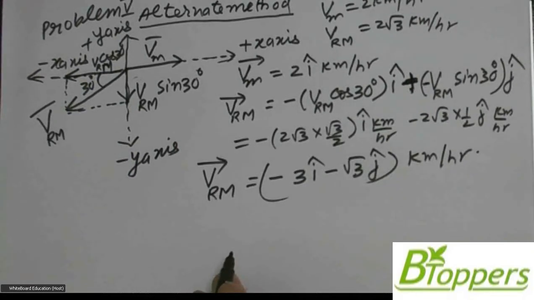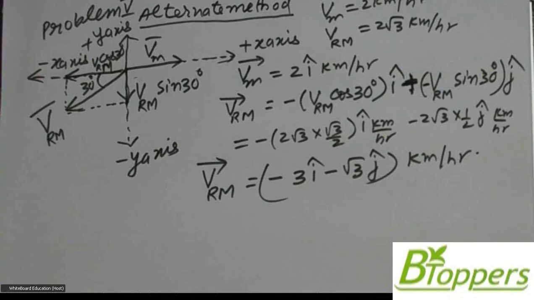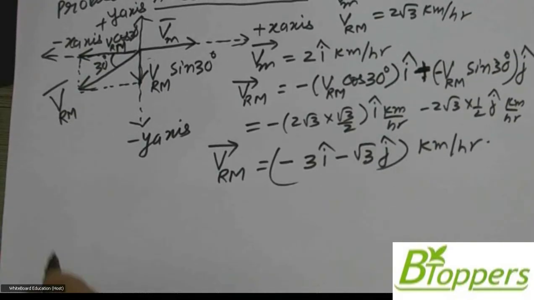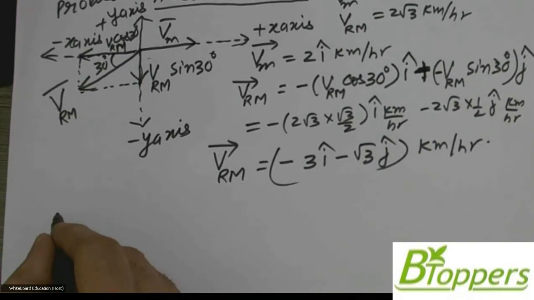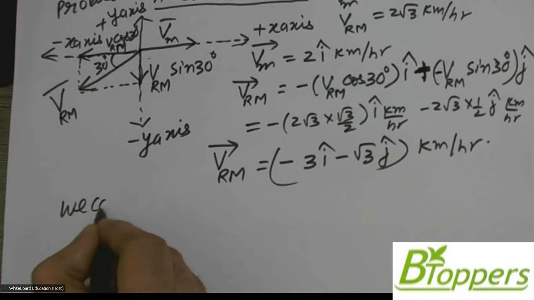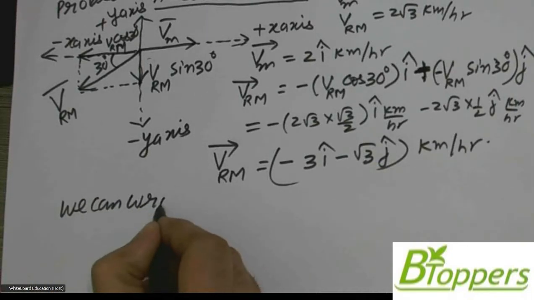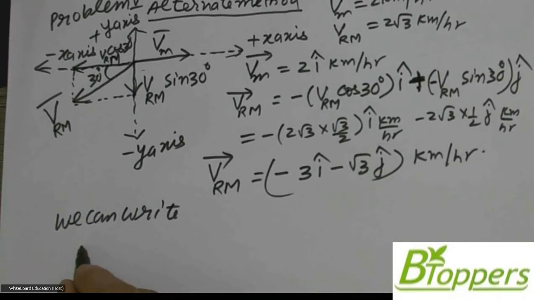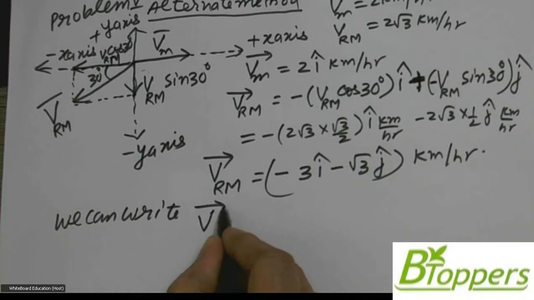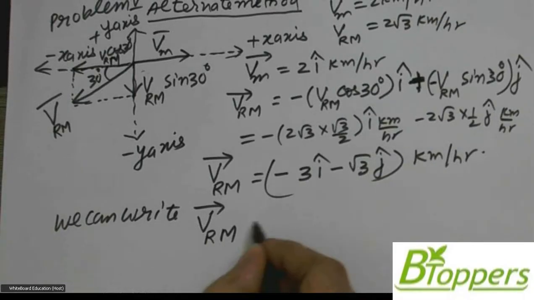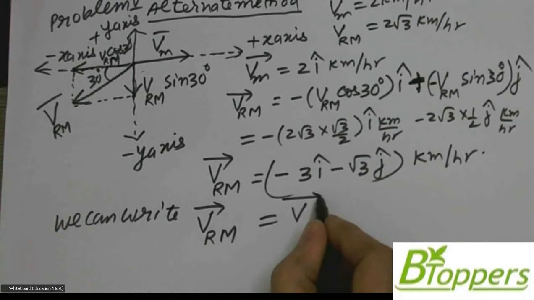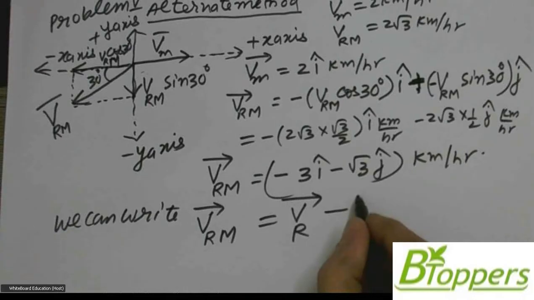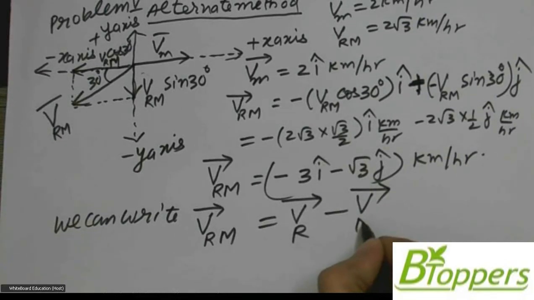Now from the basic definition, the relative velocity of the rain with respect to the man can be written as the vector difference of the actual velocity of the rain and the velocity of the man.